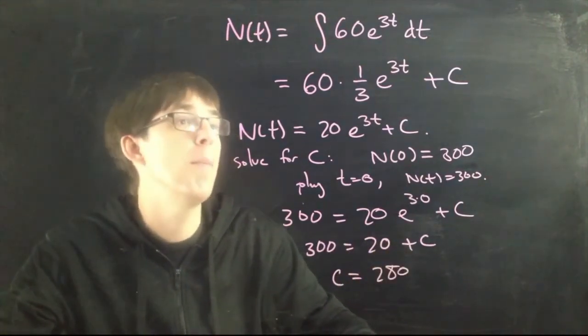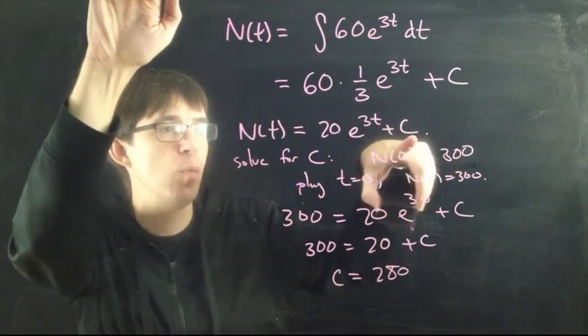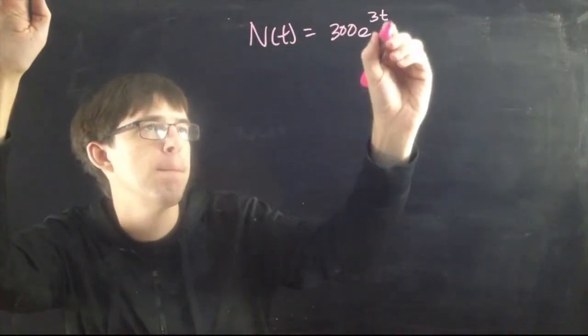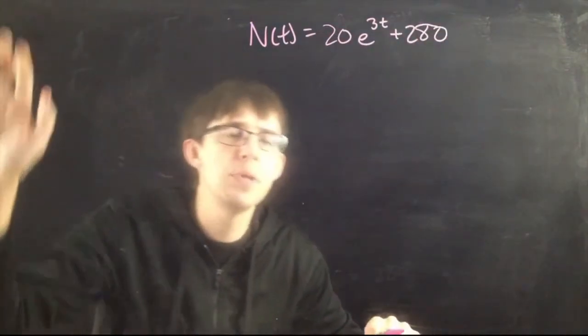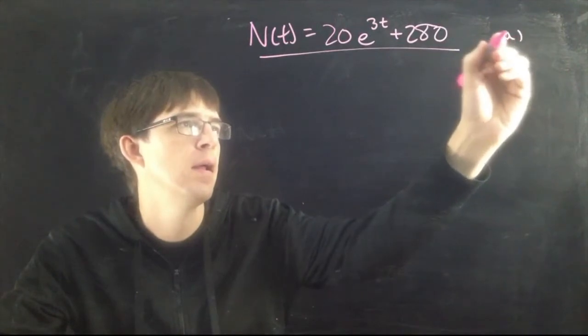So my final answer for part A is N of T equals 20 e to the 3t plus 280. This is the answer for part A.